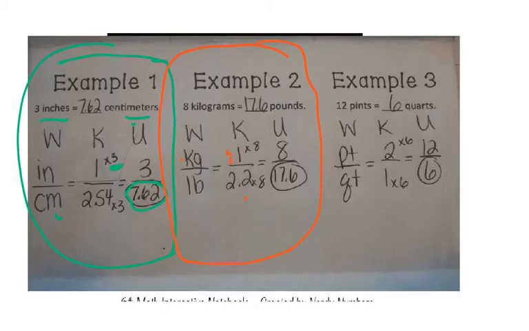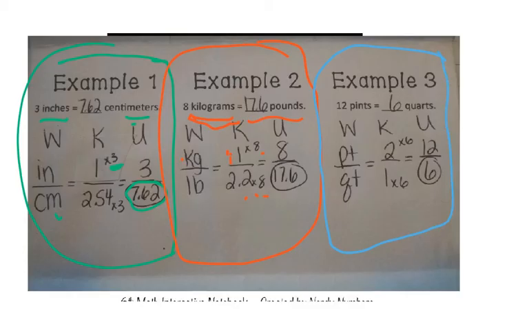I have to multiply by 8 over 8, right? So if I multiply my denominator by 8, I have to multiply my numerator by 8. 2.2 times 8 is equal to 17.6. Therefore, 8 kilograms is equal to 17.6 pounds. Pretty simple, right?